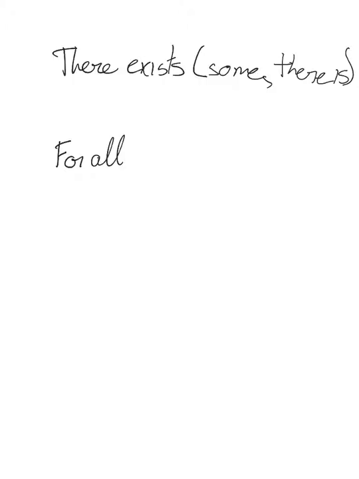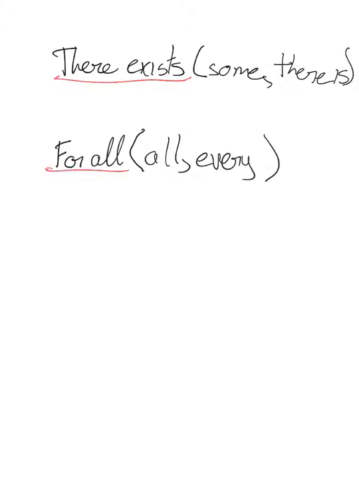The main point of there exists is there's less than everyone and more than no one. For all can be written as all or every. The main point of for all is that every single person in that group is included in it.